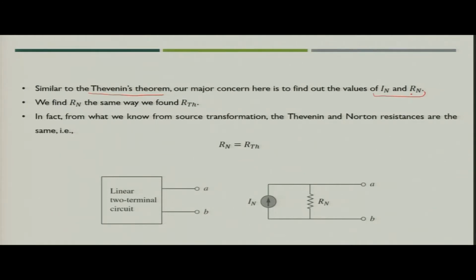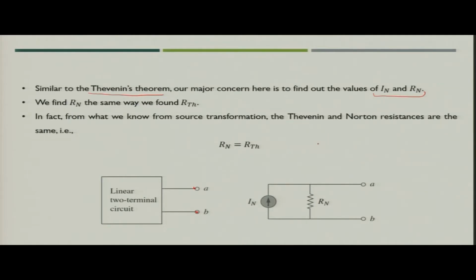Now let us understand Norton's theorem from the linear two terminal circuit. This is a known linear two terminal circuit, and we need to find the Norton equivalent of this circuit at terminals A, B. If you recollect, in Thevenin's theorem the linear two terminal circuit can be replaced with its Thevenin equivalent circuit.